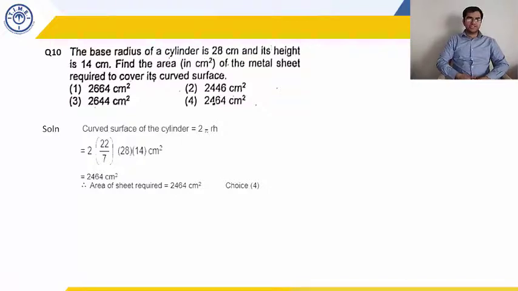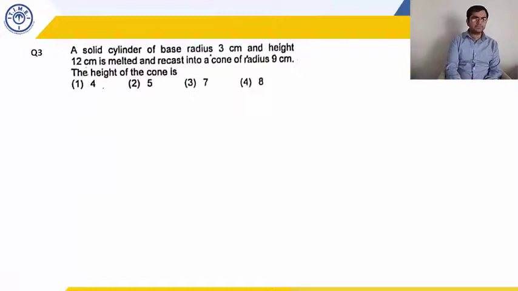Let's look at one more question, and with that we will end today's class. You have a cylinder of base radius 3 and height 12. It is melted and recast into a cone. Find the height of the cone. Please take 30 seconds to solve this. This is question 3 from your handout.